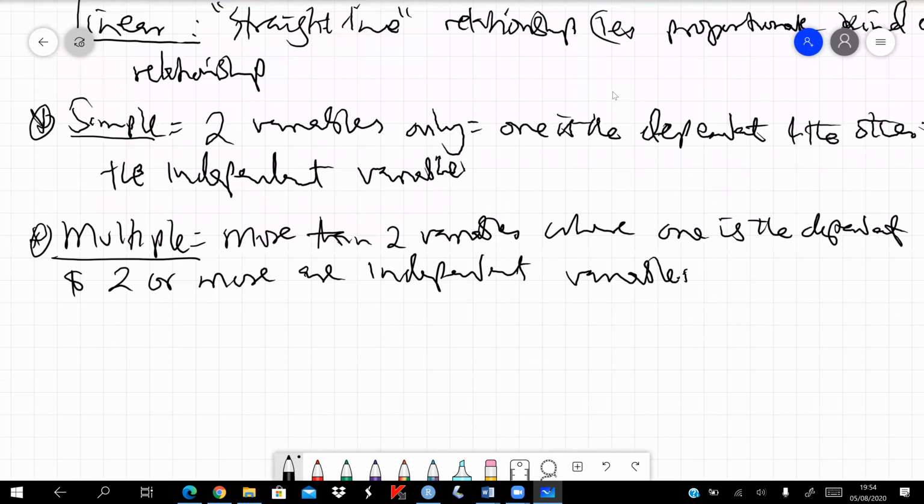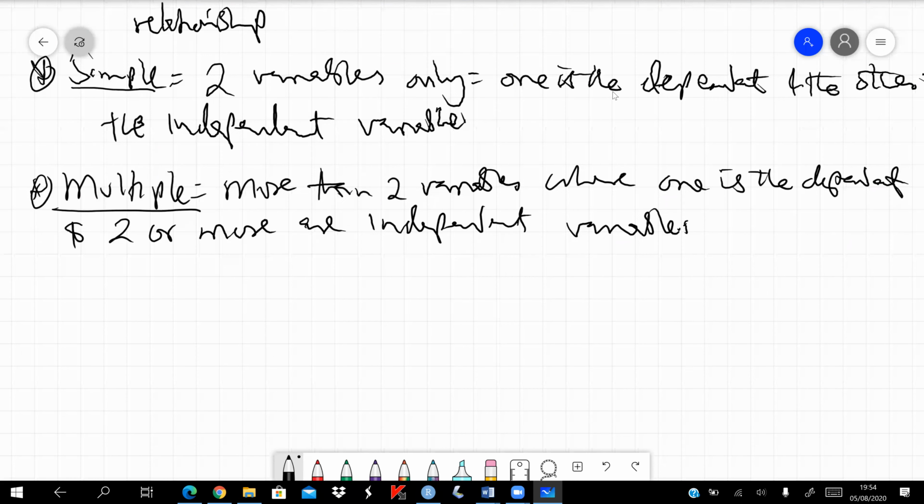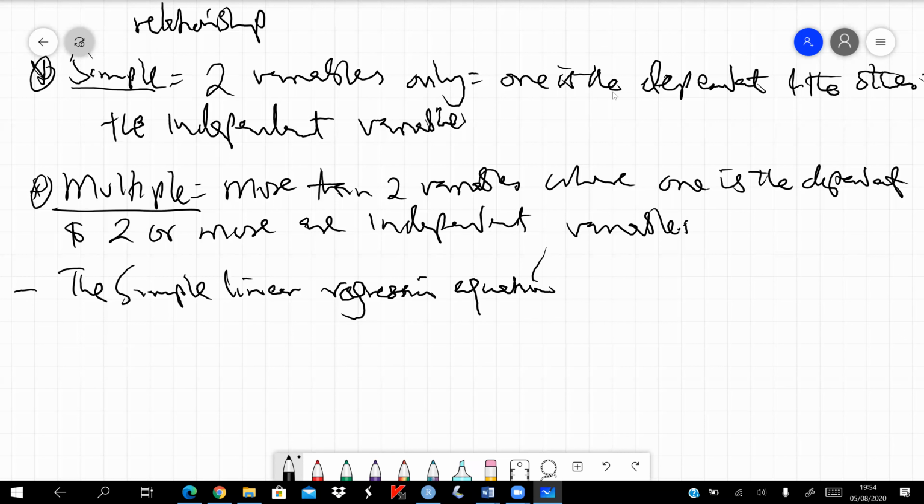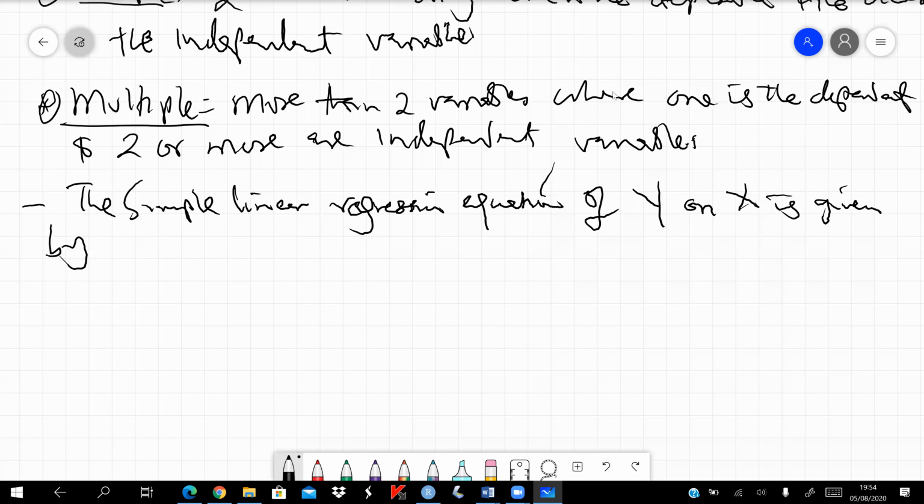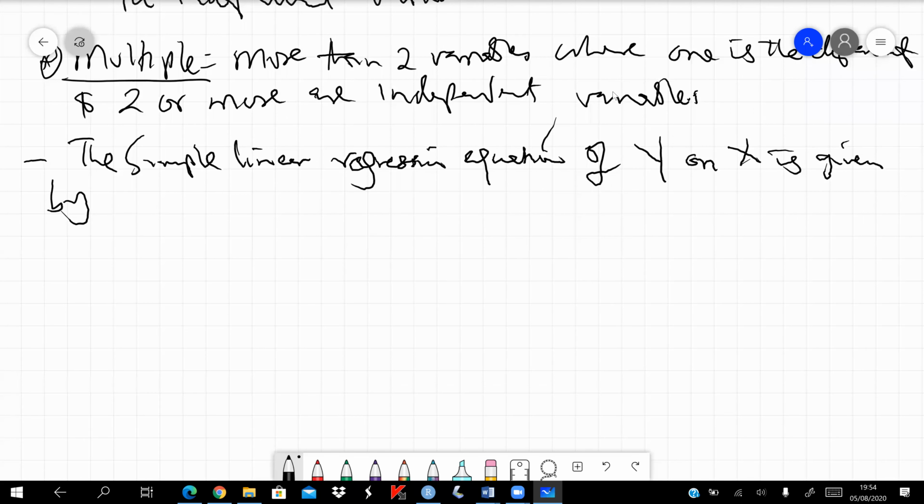Now let's look at a simple expression here. So let's say that the simple linear regression equation of variable y on x is given by this kind of equation.